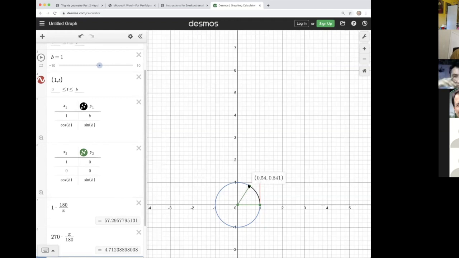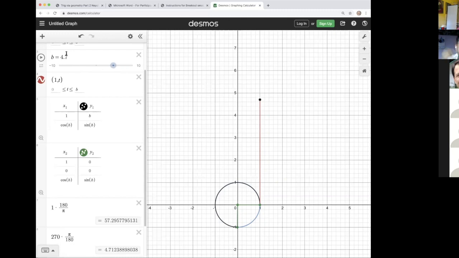If I try to go to 270 by moving B, I can't get there. I can get to 4.7 or 4.8, but I'm not going to have that much accuracy for 4.71238889.